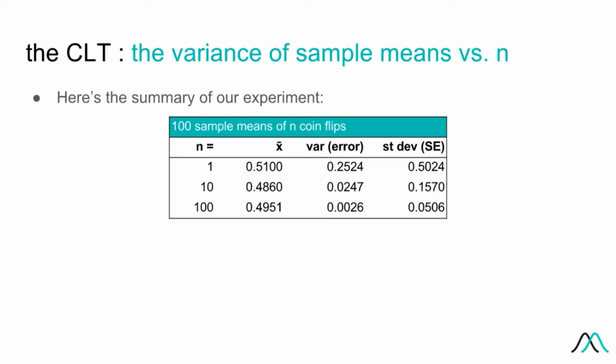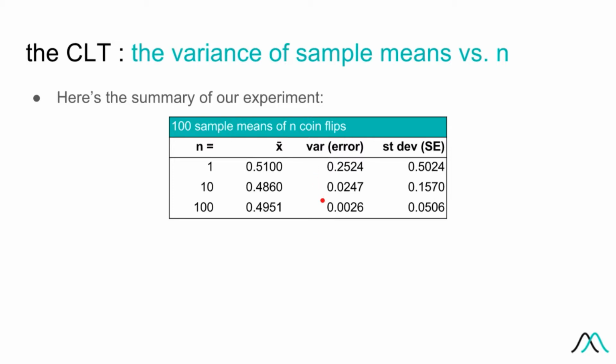Let's summarize our coin flip experiment. For all sample sizes, all n, the true central tendency has shown through. The mean of means, or the overall mean, has always been very near 0.5. But the variance of the sample means has been shrinking as n increases.